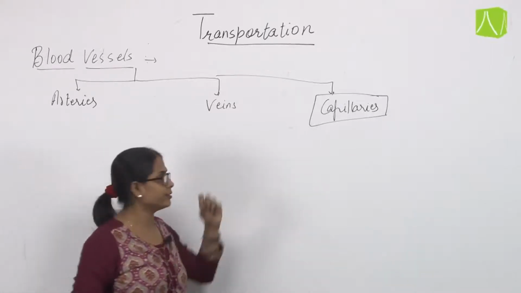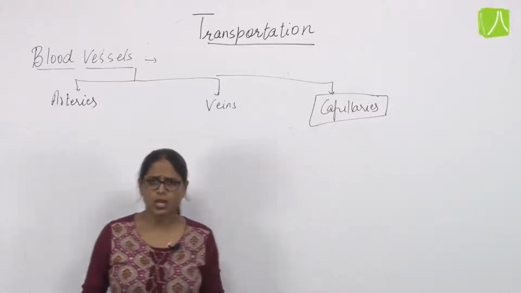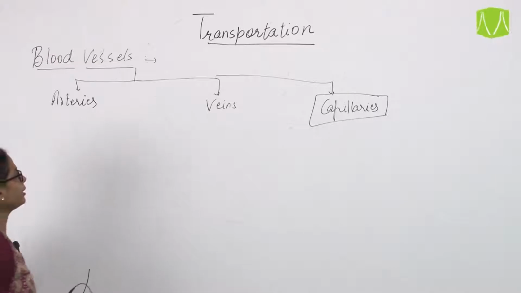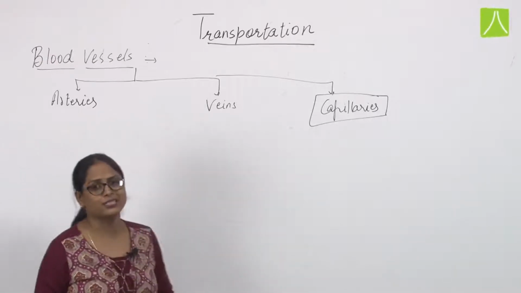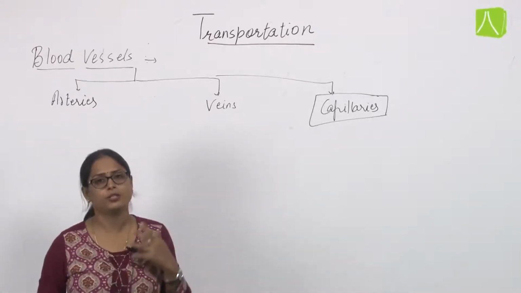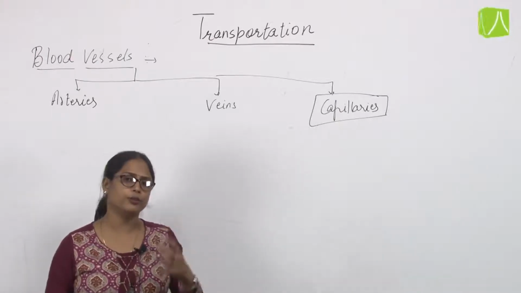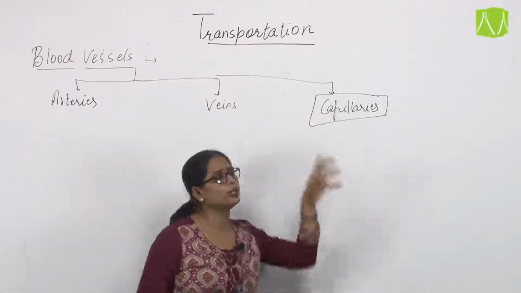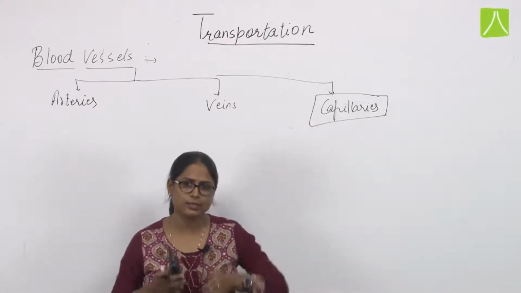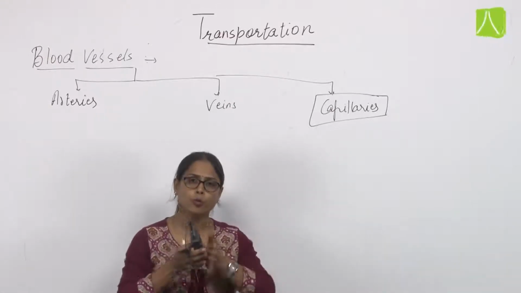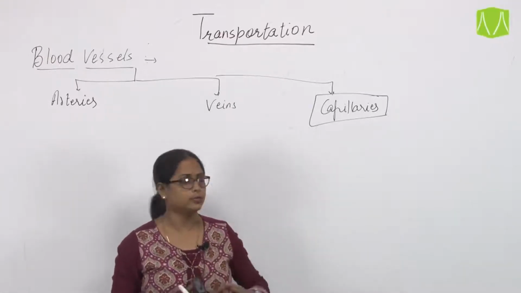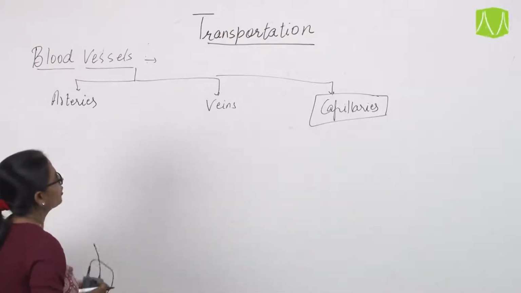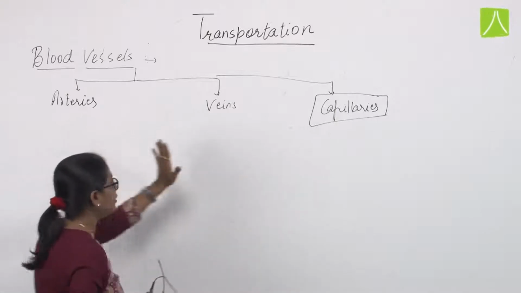That's why we do not consider capillaries under major blood vessels, because throughout the body, the main blood vessels are arteries and veins, which carry the blood to different target sites. Target sites consist of tissues, and in between the tissues or cells, the arteries and veins divide into thinner blood vessels, which are known as capillaries. So the main point of consideration is our arteries and veins.